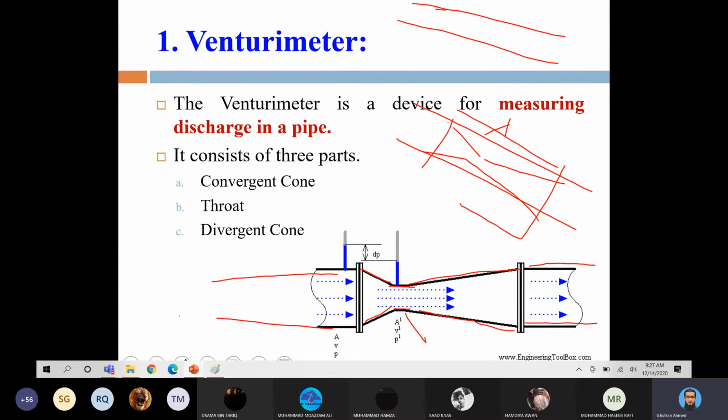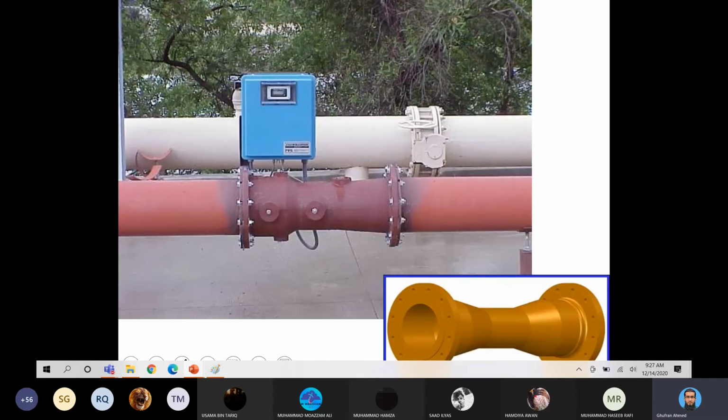Convergent cone, throat, and divergent cone are the three parts of this Venturi meter. By measuring the difference between the heads at the pipe and in this throat, we are able to find the discharge.